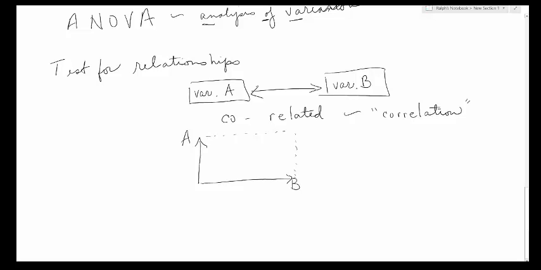Now what we want to know is, is there any part of the variability of these things that is common to each other? We know there will be things that are not common, but we want to know to what degree things are common to each other.